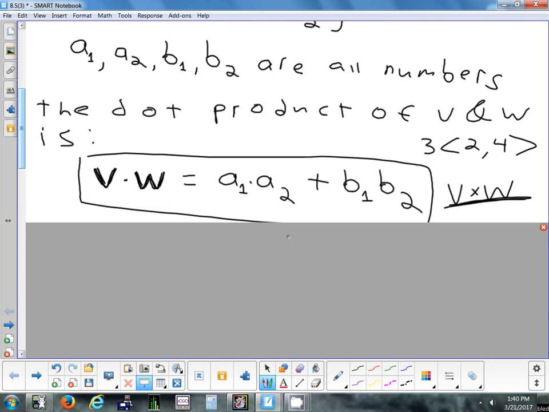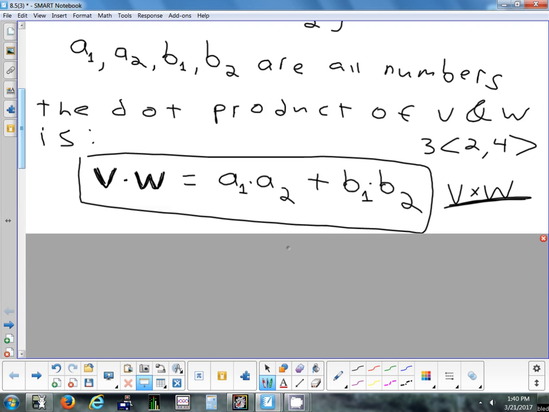A number. And then b1 times b2 is another number. And then what do you get if you take a number plus another number? A number. So what does that tell you the dot product is? The answer is a number.